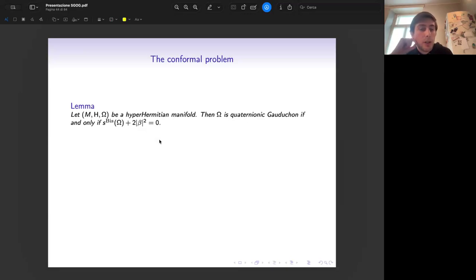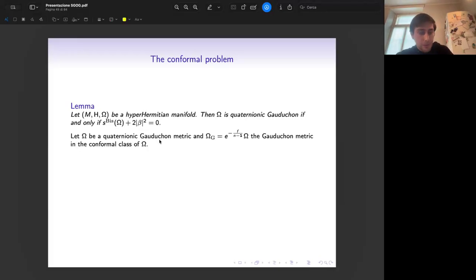And this equation fits very nicely when we try to find quaternionic Gauduchon metrics in the conformal class. So let me pick a hyper-Hermitian metric which is Gauduchon in the complex sense, and we can deform it conformally in the same conformal class.